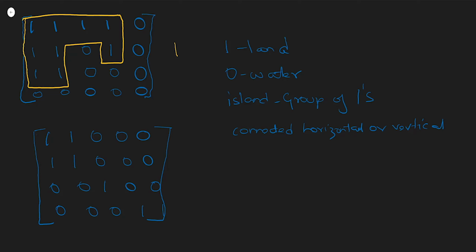So now let's take a second example to see how it works differently. This is going to be one island, and we are not connecting this one to this one because it's neither connected horizontally nor vertically, but it's connected via a diagonal. So we cannot consider this as a valid case, and hence that is not accounted for as a connected island.